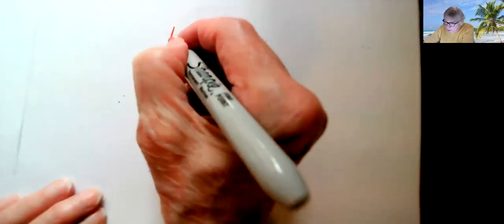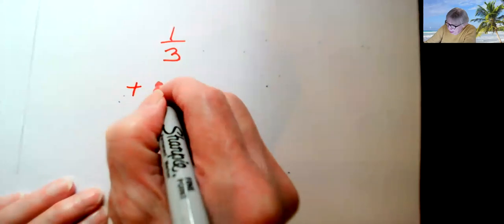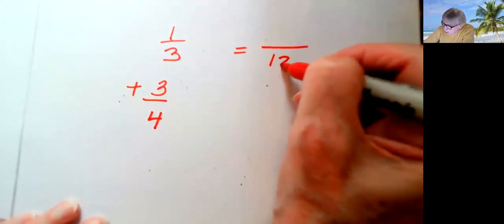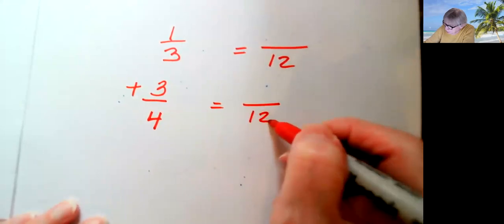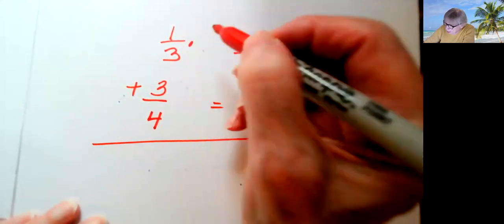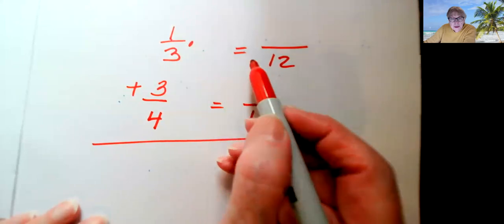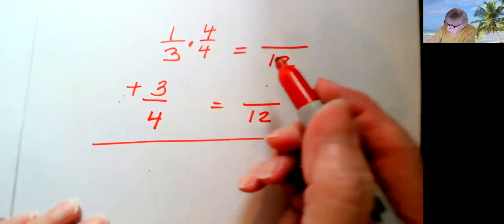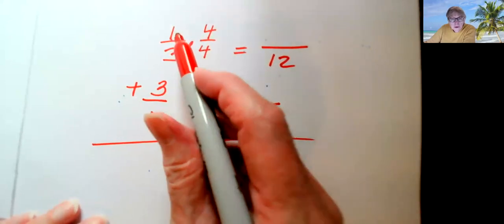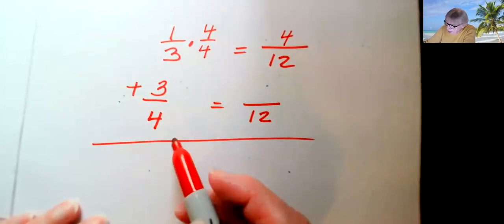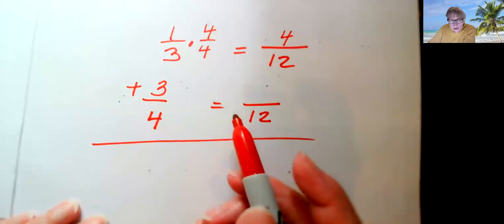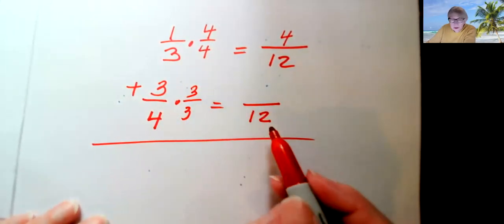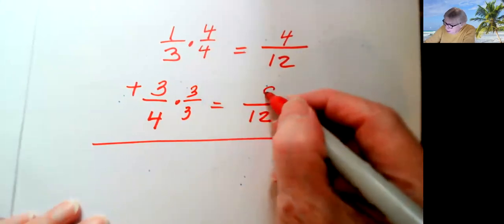So that would be, let me quickly do it, 1/3 and 3/4. We're going to make them both 12. This top one needs to be multiplied by 4 to get it to 12. 3 times 4 is 12. 1 times 4 is 4. And then this 4 needs a 3. 4 times 3 is 12. 3 times 3 is 9.